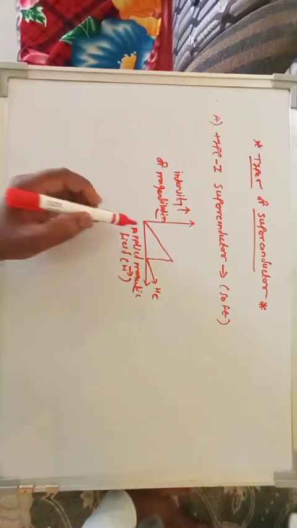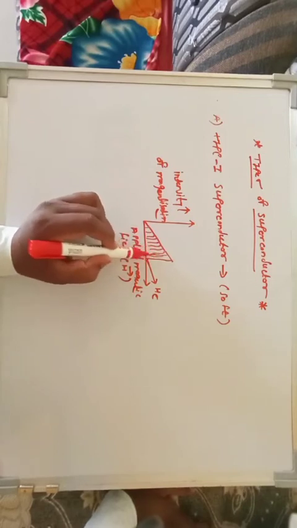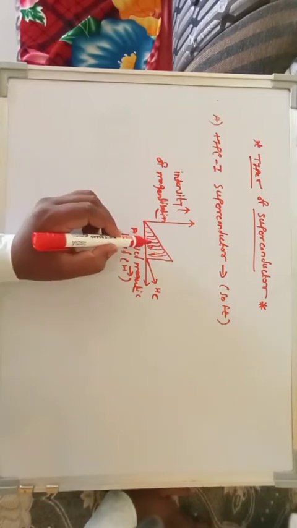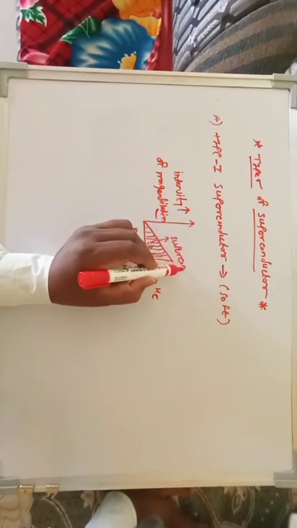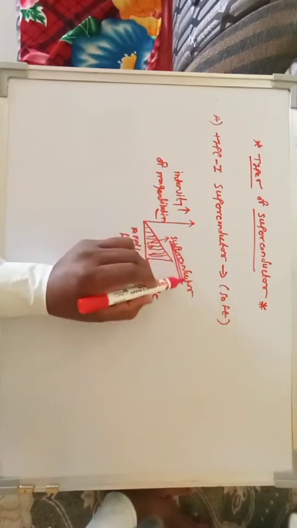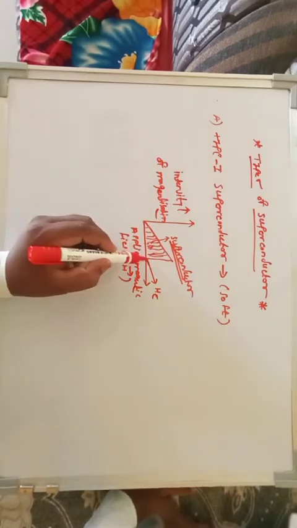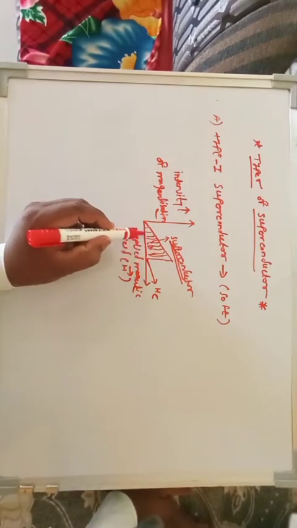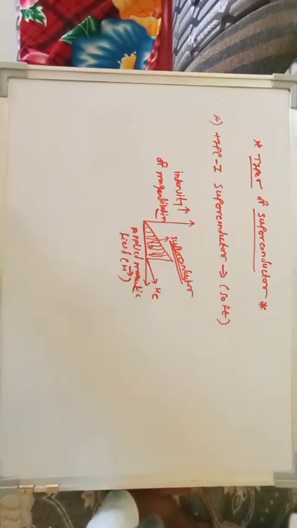In this region the material is in superconducting state, and we already know that the superconducting material follows the Meissner effect. So up to this point, the material is in superconducting state, that is, it follows the Meissner effect properly.